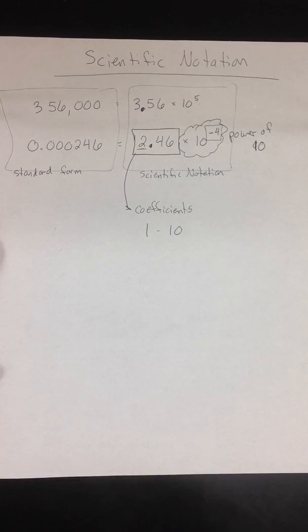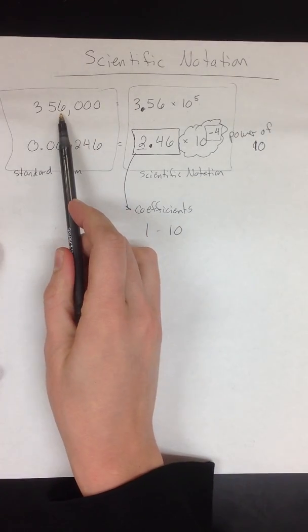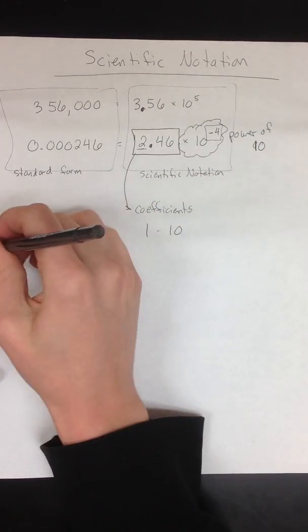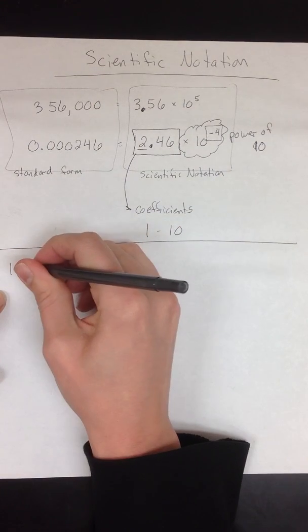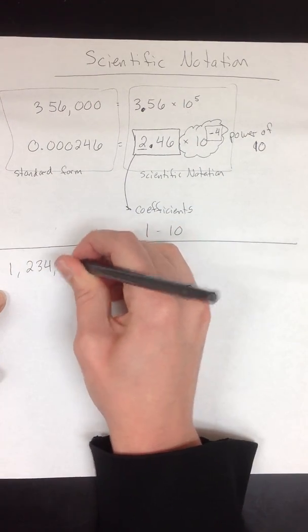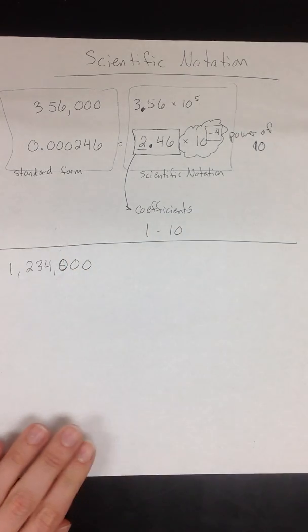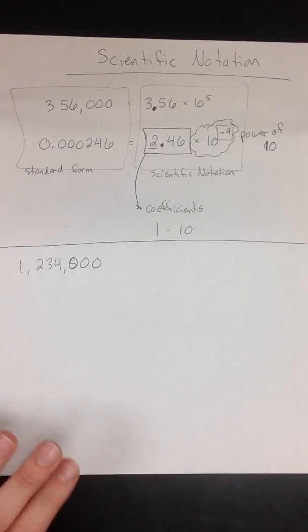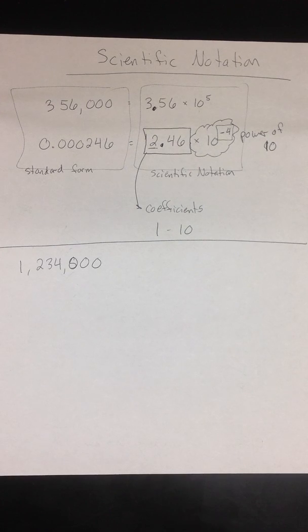Now, let me go through the process of how to go from standard form into scientific notation form. So if I have a number that's fairly large, I want to shorten this down.